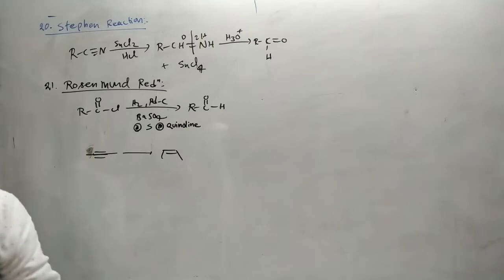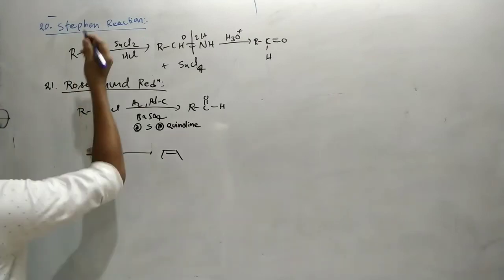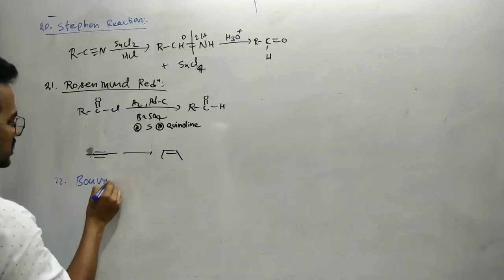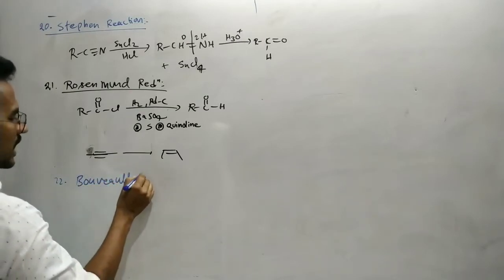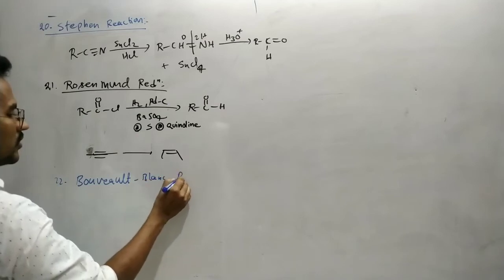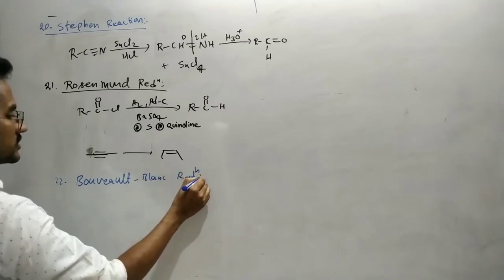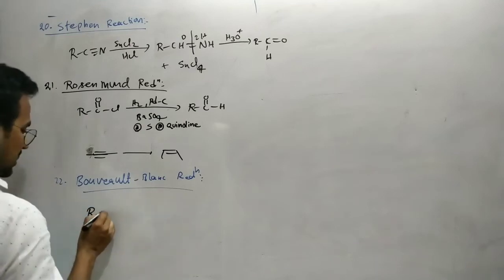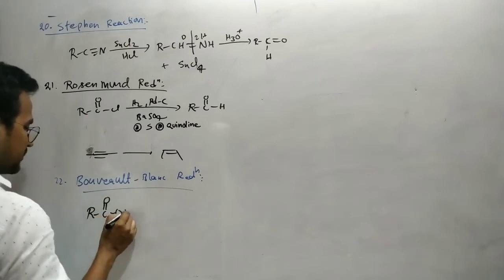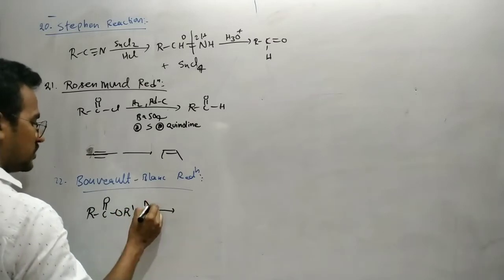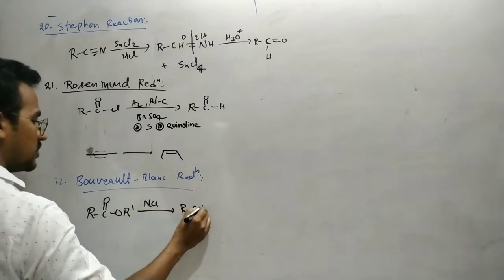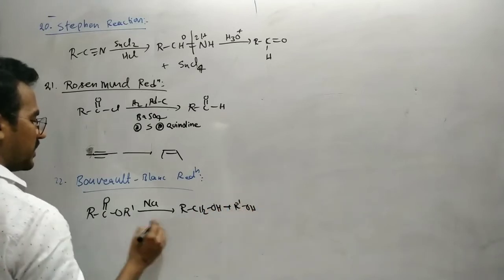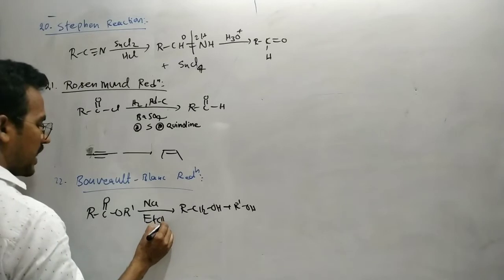Next, the 22nd reaction, the Bouveault-Blanc reduction. It is a conversion of esters into alcohols by reacting with sodium and ethyl alcohol.